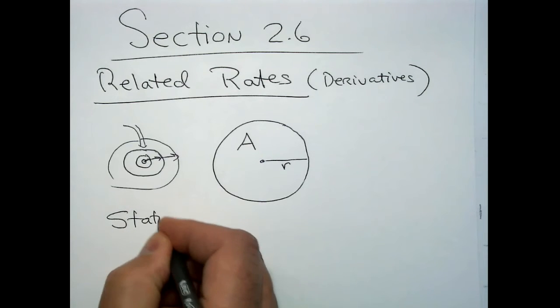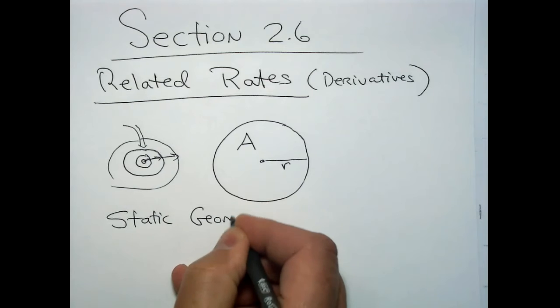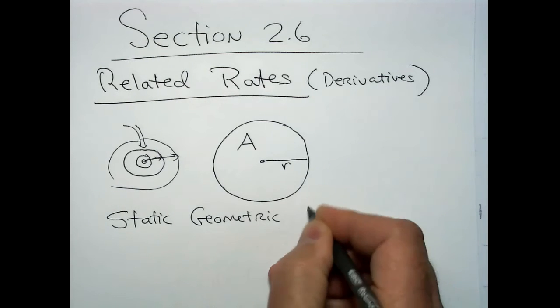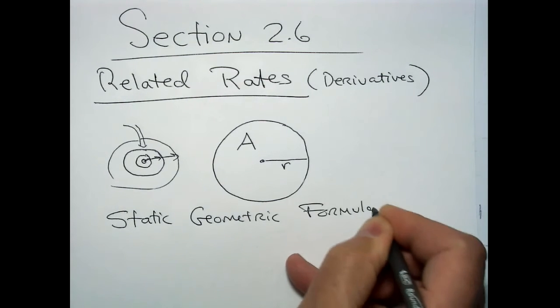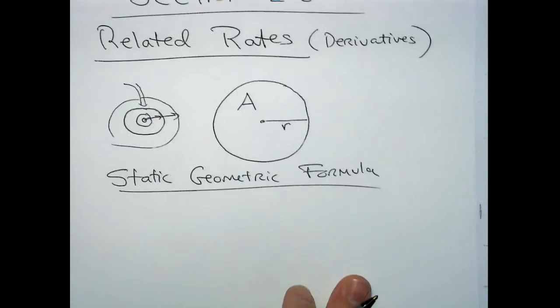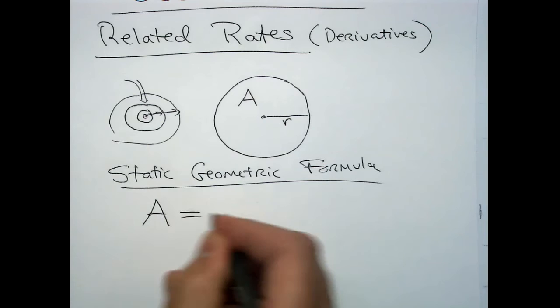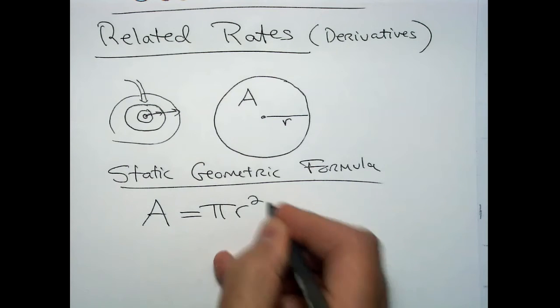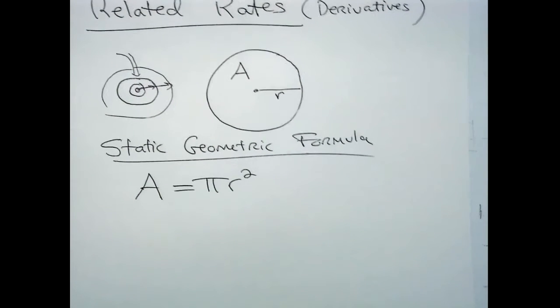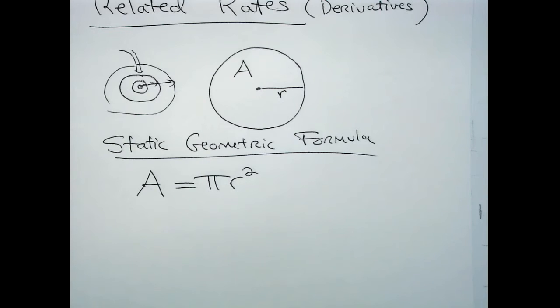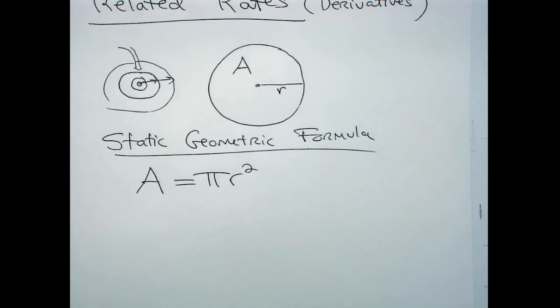We'll call it the static geometric formula. The static geometric formula for the area of a circle is well known to us. It's A is pi r squared. The area of a circle is pi r squared. If you know the radius, then you know the area. You can compute it pretty readily.